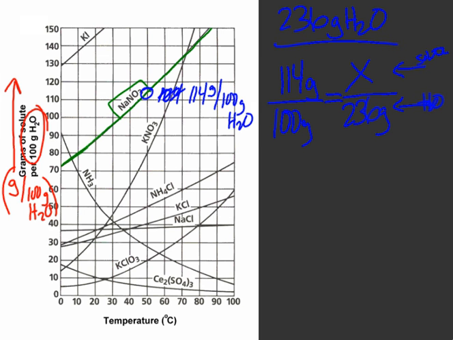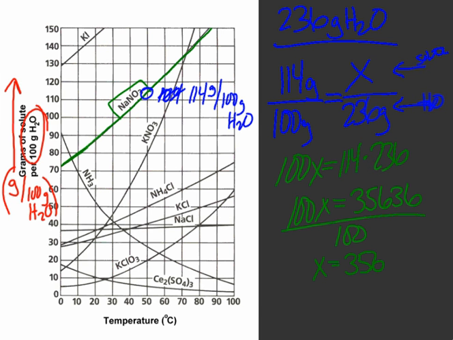So when I solve for x, I cross multiply, I end up with 100x equals 114 times 236, which means I have 100x equals 35,636. I divide that by 100 on both sides. X is going to equal 356.